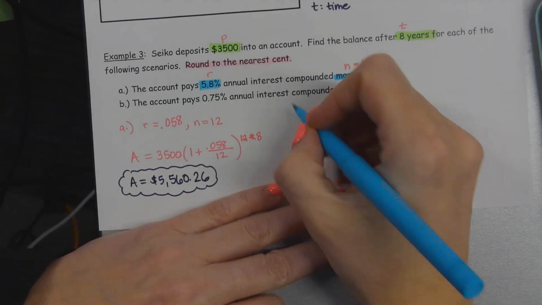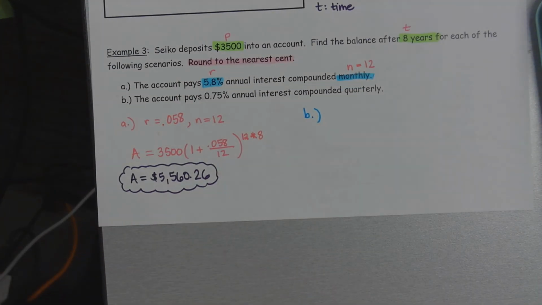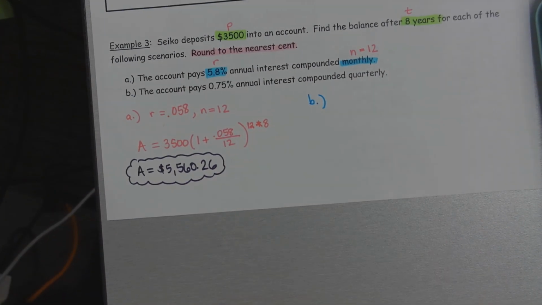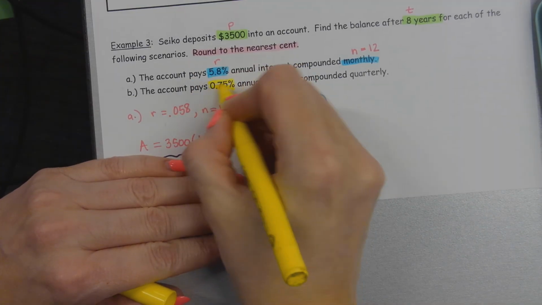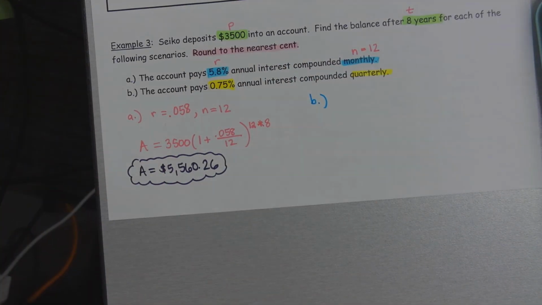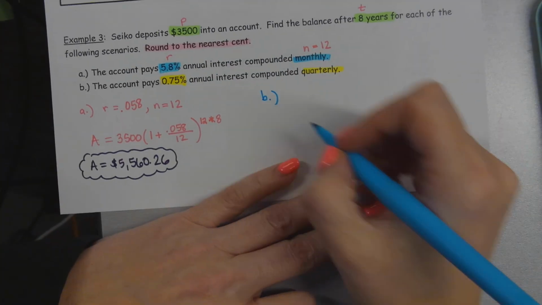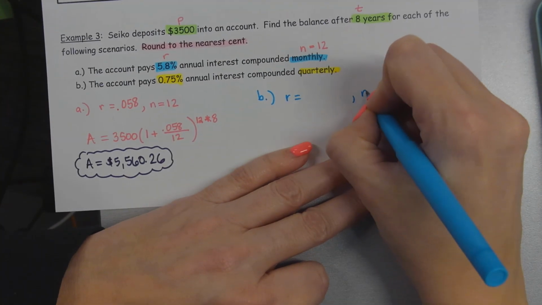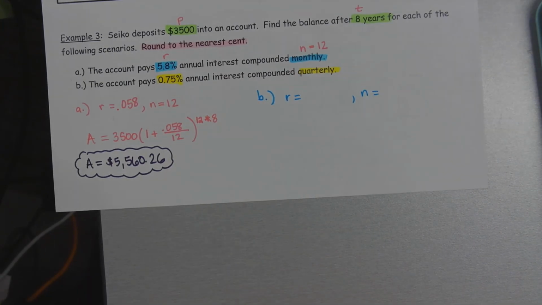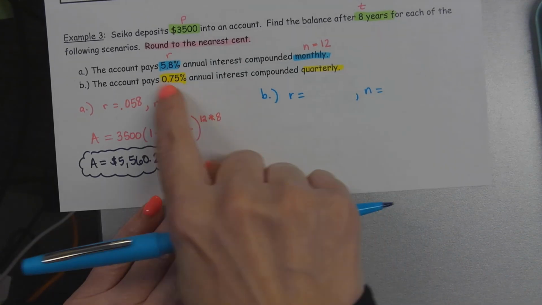All right, and when you're ready, go ahead and try B. Let's see if you can identify your R and then the value for N. You are always moving your decimal 2 places.